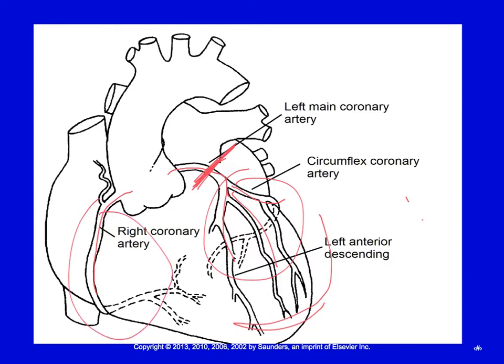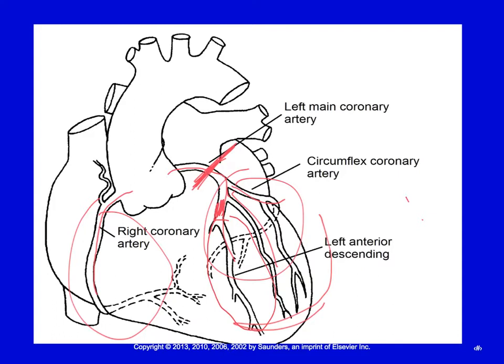So basically what happens here in a myocardial infarction, or let's back up to unstable angina, in one of these arteries there'll be a partial occlusion in the patient, so it'll deprive anything below it of oxygen.